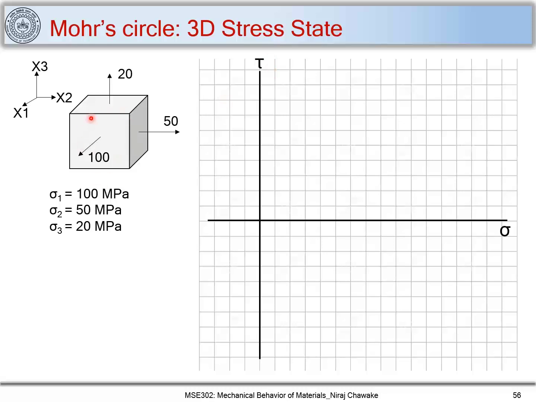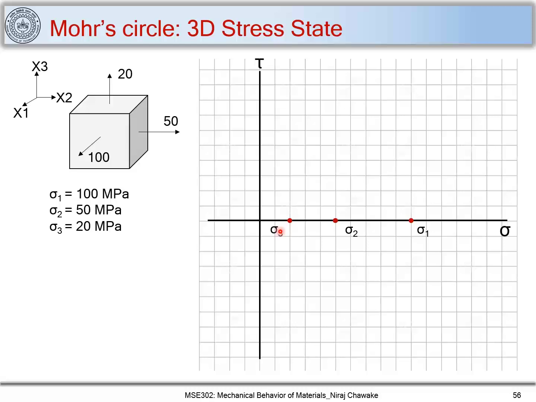Here I don't have any shear stresses, so I have only normal stresses and all are tensile. So I mark these normal stresses. Shear stresses are 0 here, so I have points which are on my x-axis only. This is sigma 1, this is sigma 2 and this is sigma 3.